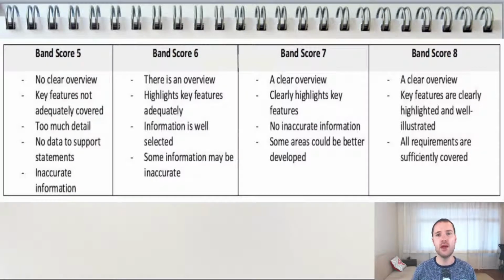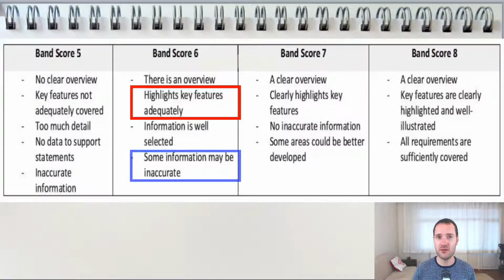So, if you have failed to explain the key features adequately, or you focus more on the detail without really giving the bigger picture, then you cannot score above a band 5. Then if you highlight all the key features accurately but the details are irrelevant or include inappropriate or inaccurate information, then you cannot score above a band 6.